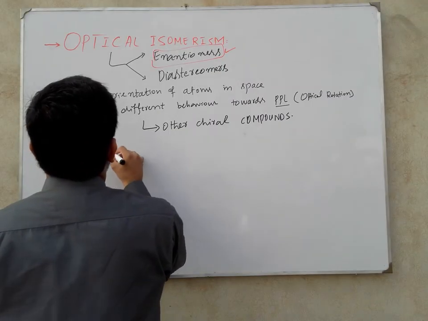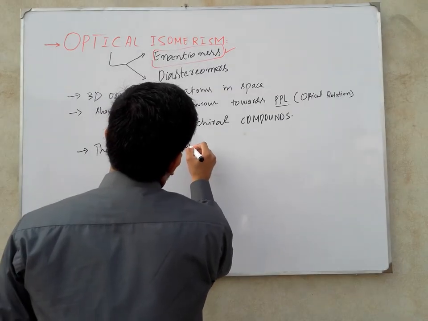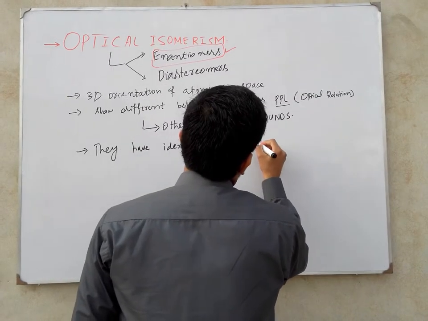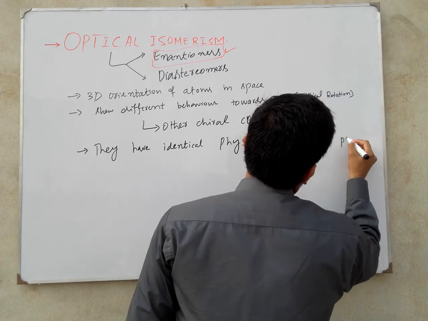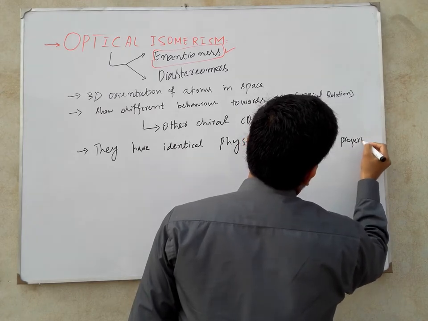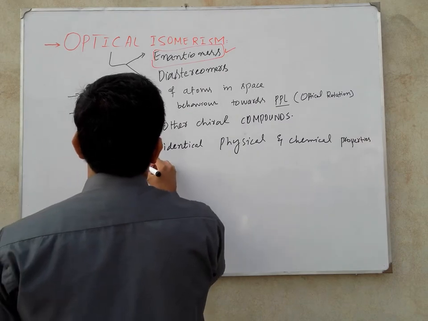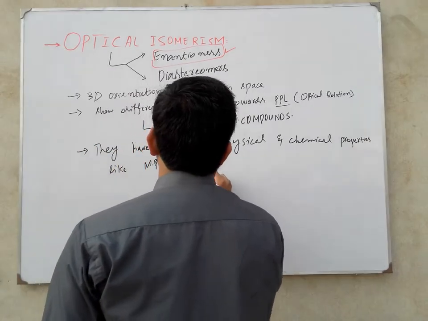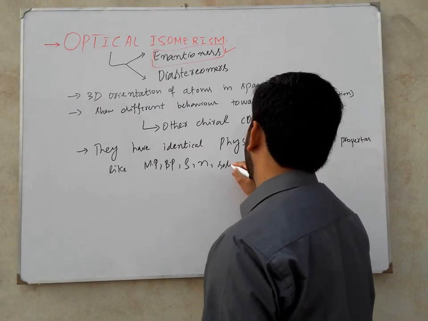They have identical physical and chemical properties like melting point, boiling point, density, refractive indices, and solubilities.